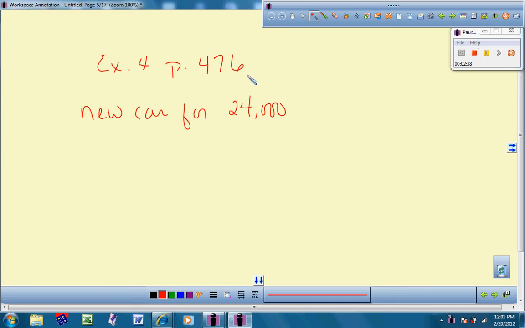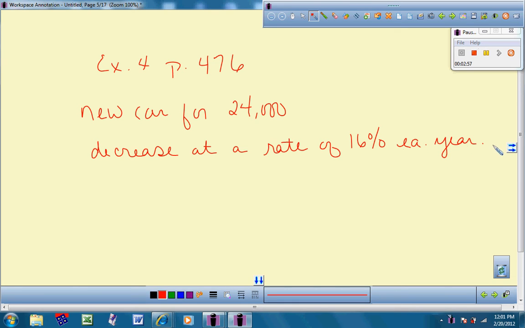It decreases at a rate of 16% each year. How much is the car valued after 2 years? So you buy a car for $24,000, it decreases at 16% each year. How much is the car worth after 2 years?